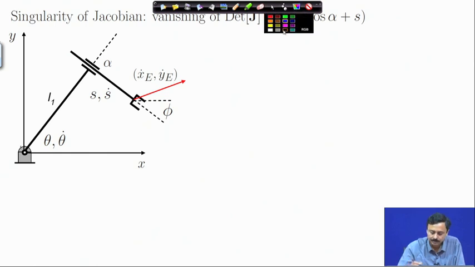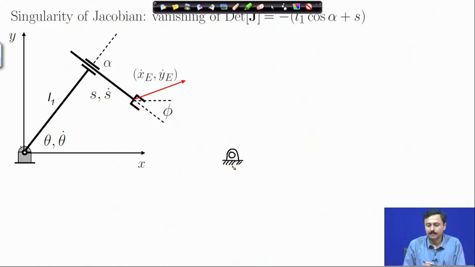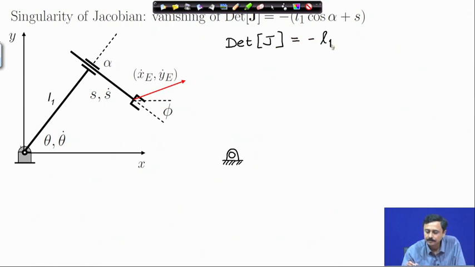let me draw the manipulator. So, what we are trying to determine is the configuration where the determinant vanishes.